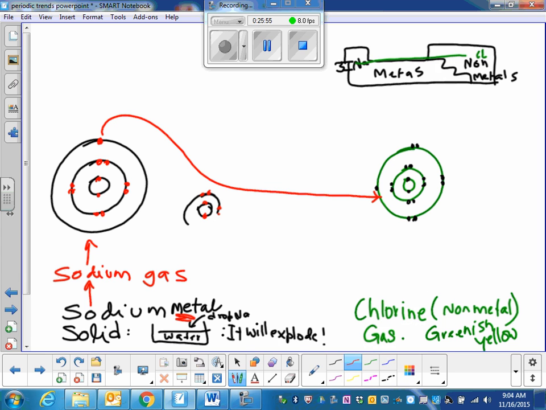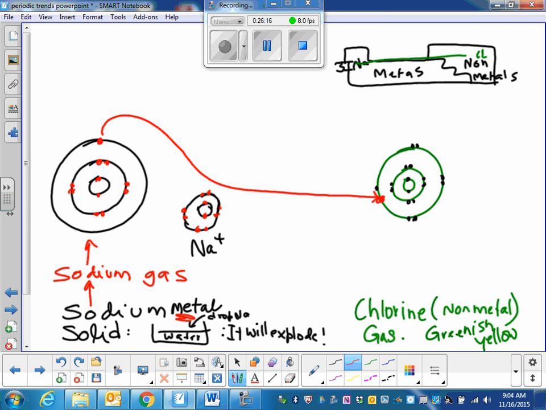Do you agree? Do you see that? And what happens to the size as it loses the electron? It gets smaller. All right? It becomes Na plus.